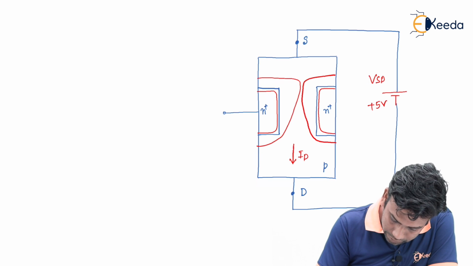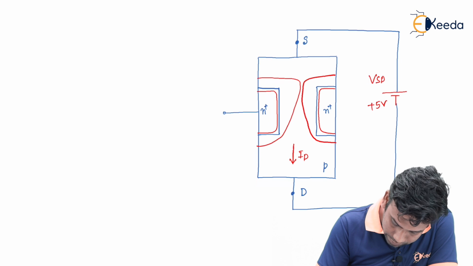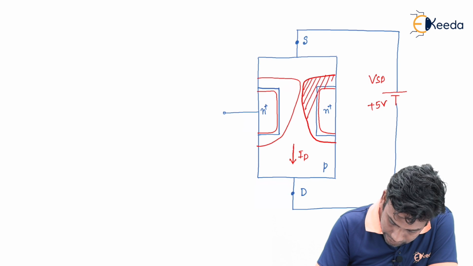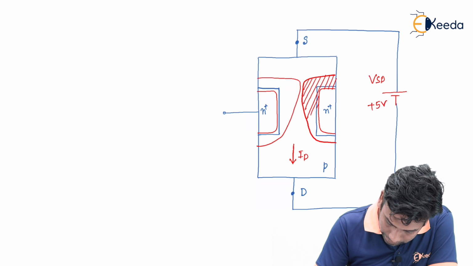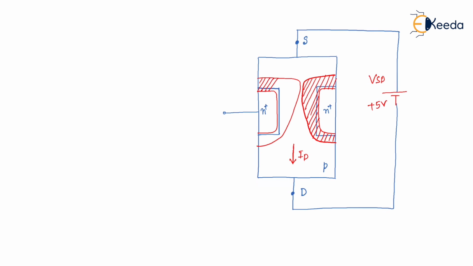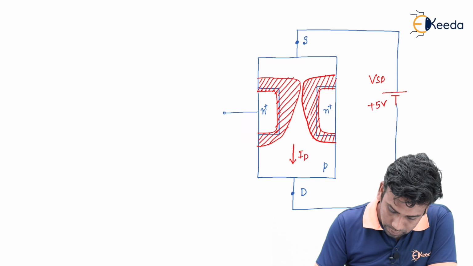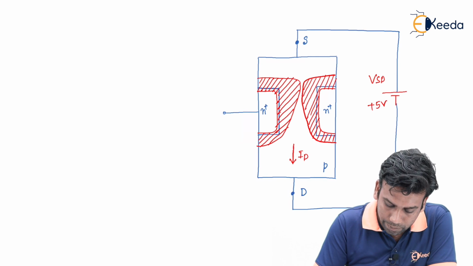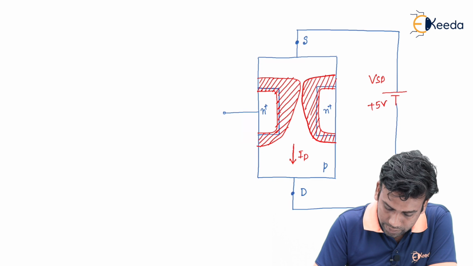So you can see the depletion region near the source is now wider than near the drain. So, this will be the practical formation of the depletion region inside the P-channel JFET.